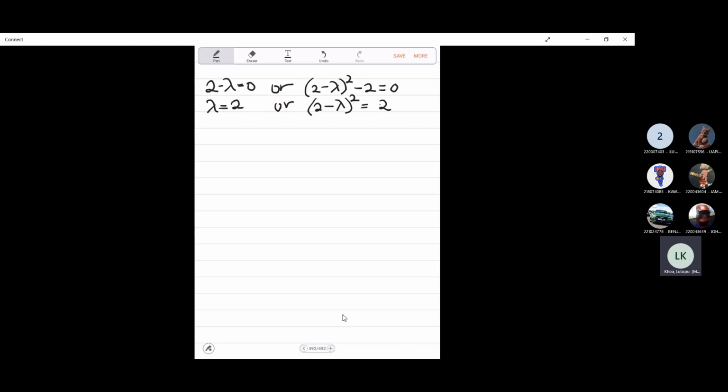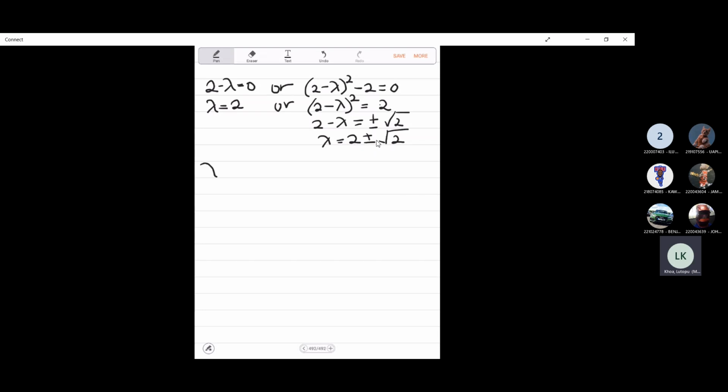This means that 2 minus lambda is equal to plus or minus the square root of 2. And here lambda is equal to 2 plus or minus the square root of 2. So I have my three eigenvalues. There's 2, 2 plus the square root of 2, and then 2 minus the square root of 2.